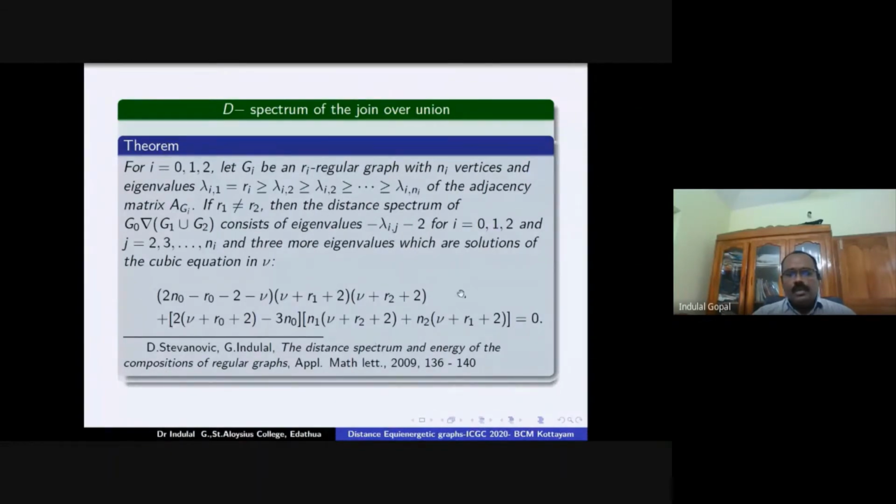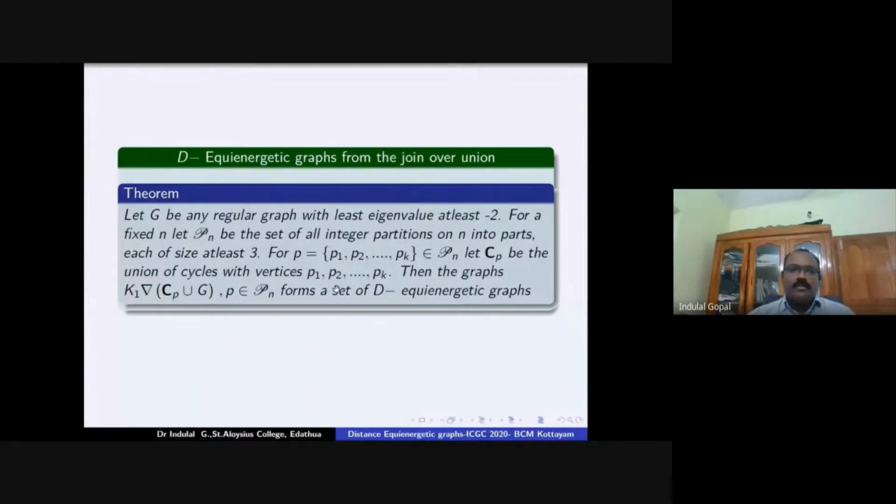And the roots of this cubic equation depend only upon the number of vertices and the regularity of the constituent graphs, n0 r0, n1 r1 and n2 r2. So we have this result from this class of distance equi-energetic graphs from the join over union.